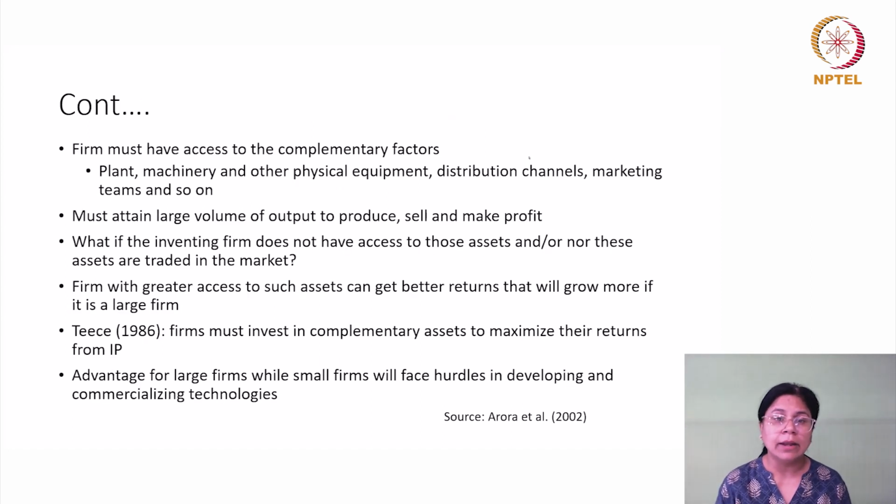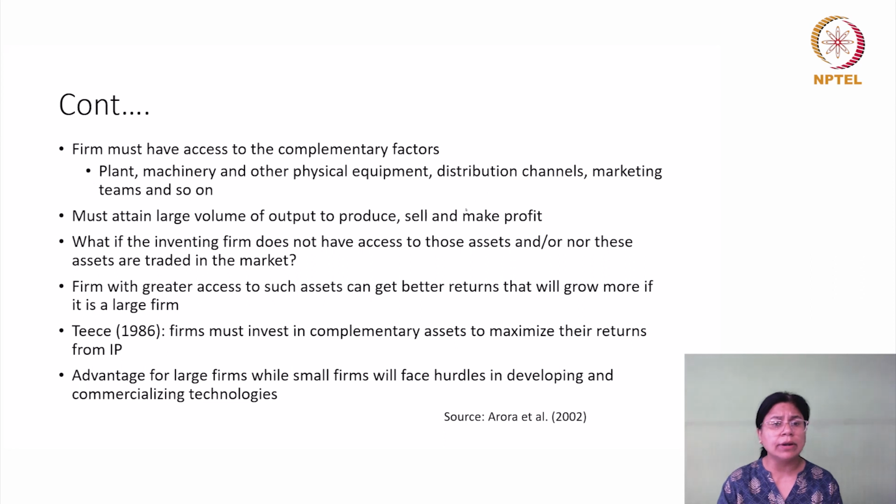In order to do the so-called in-house exploitation, the firms must have access to the complementary factors: plant, machinery, other physical equipment, distribution channels, marketing teams, and so on. Not only should they have access and the capability to use these complementary factors, but they must also be able to attain a large volume of output, sell that in the market, and make profit from that.